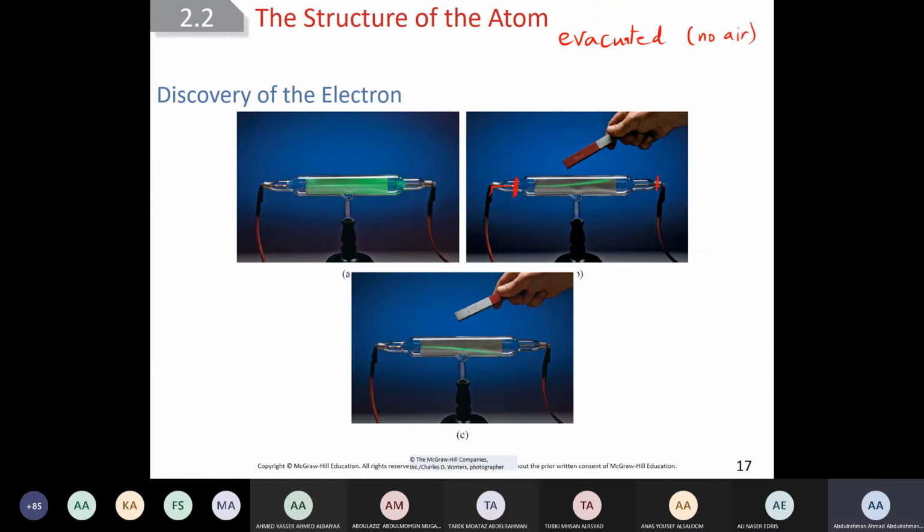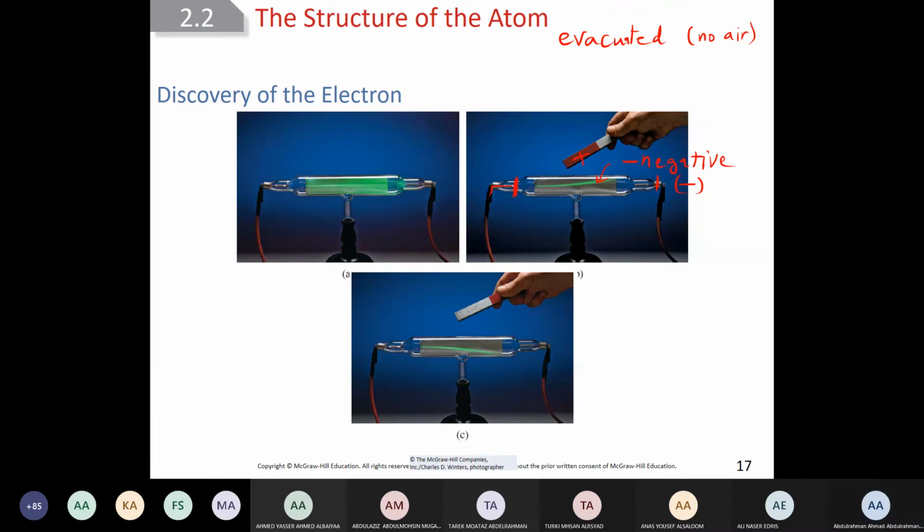But he found that something is coming, and he noticed when he put the magnet like this, if this is the positive magnet, what happened to this thing that's moving? Coming closer. So what will be the charge of the green thing? Negative, minus.